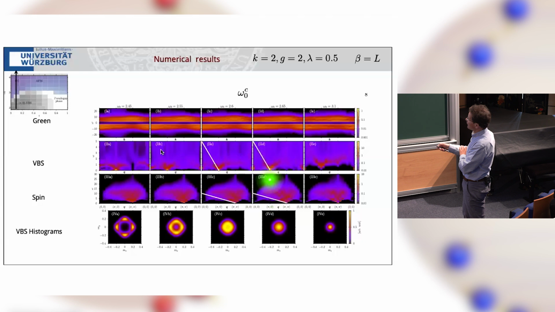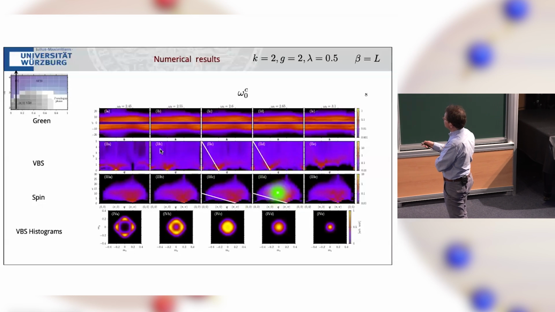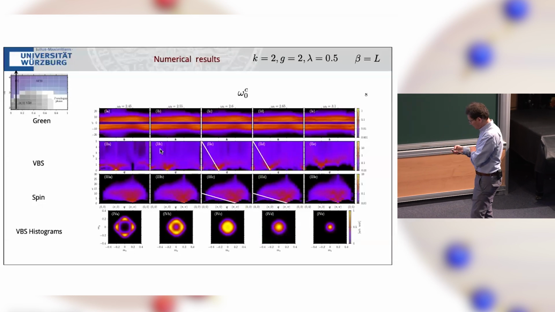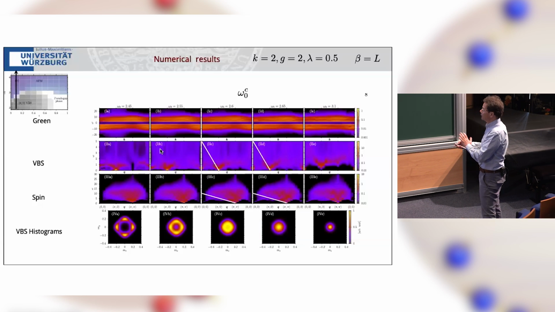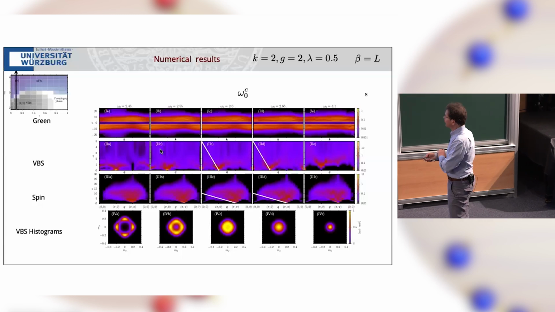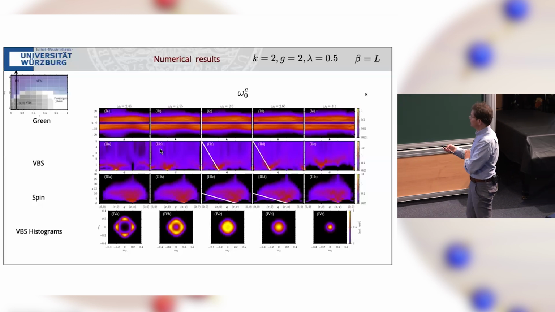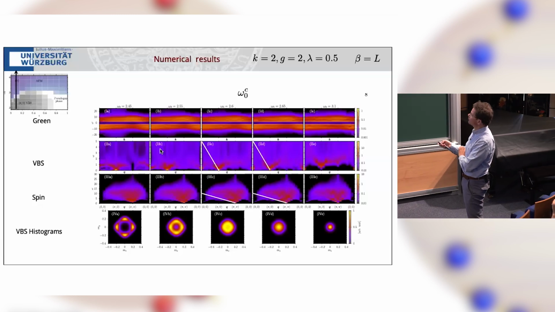They are different scales, but these lines have exactly the same slope. So we have the notion that there is an emergent Lorentz symmetry and an emergent U1 symmetry. It's a very poor man's way of looking at DQCP compared to the very sophisticated things we have seen this week. I apologize for this, but we can't do better for the moment.